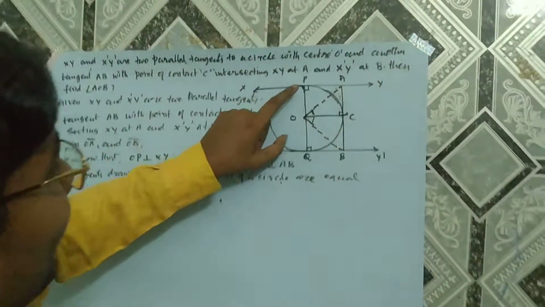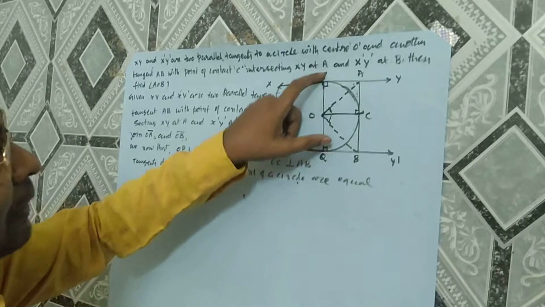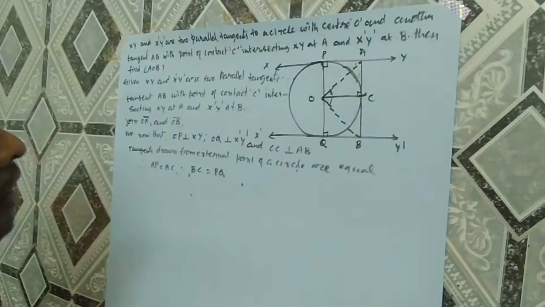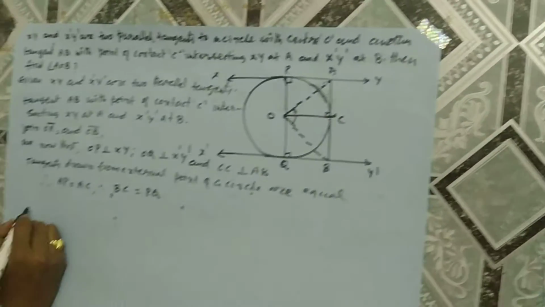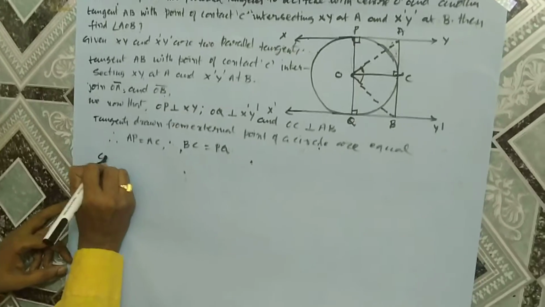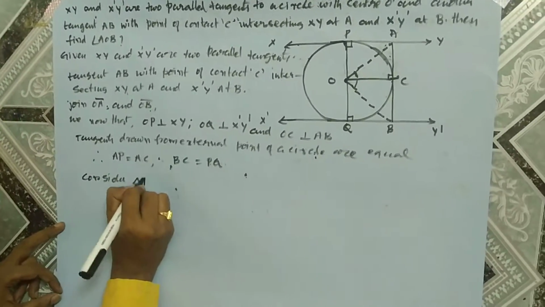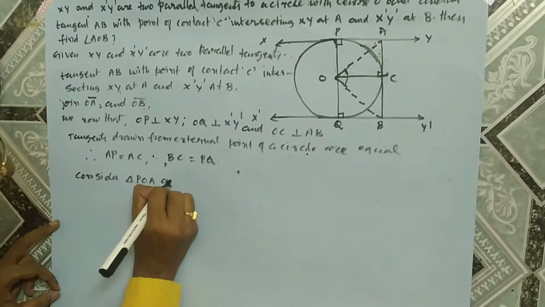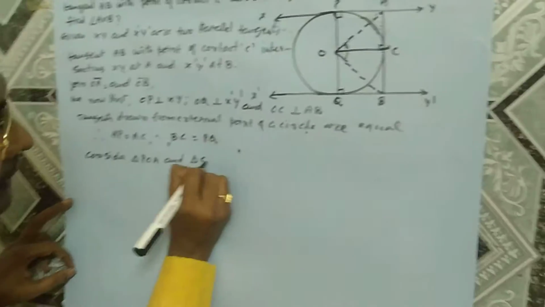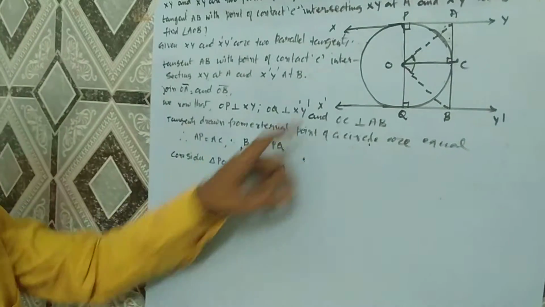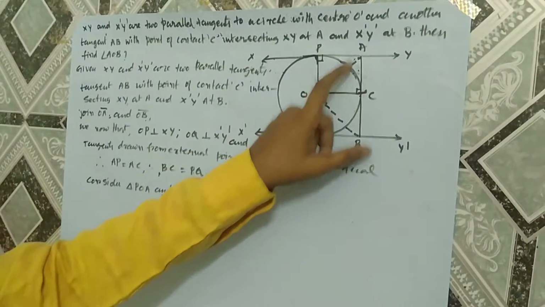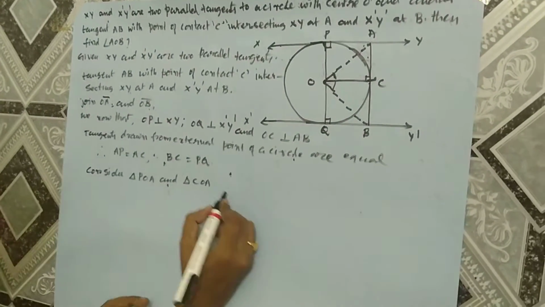Now consider triangle POA and triangle COA. They are congruent.